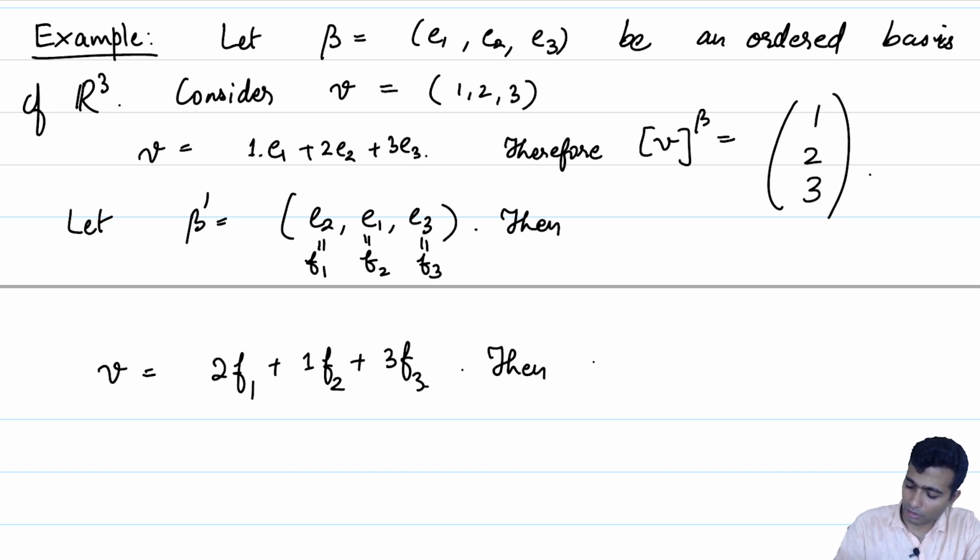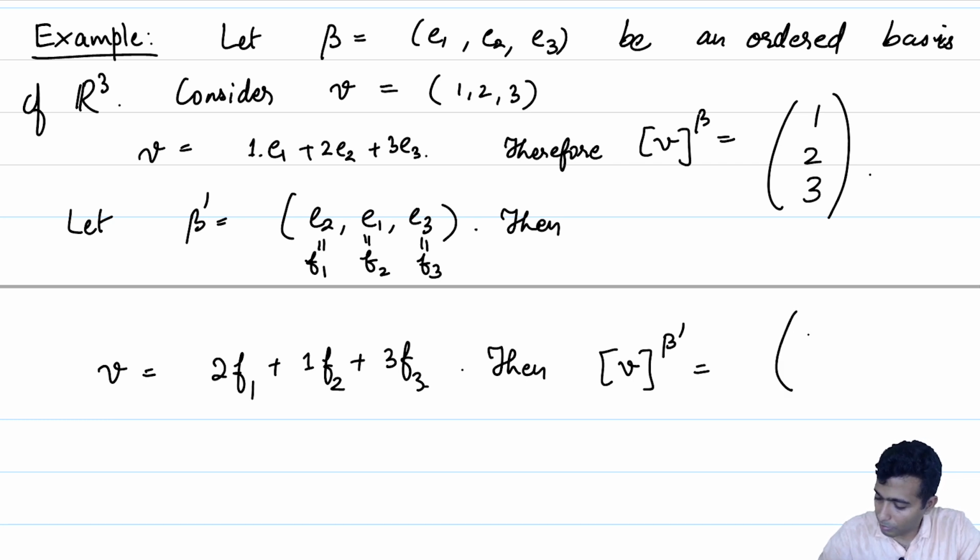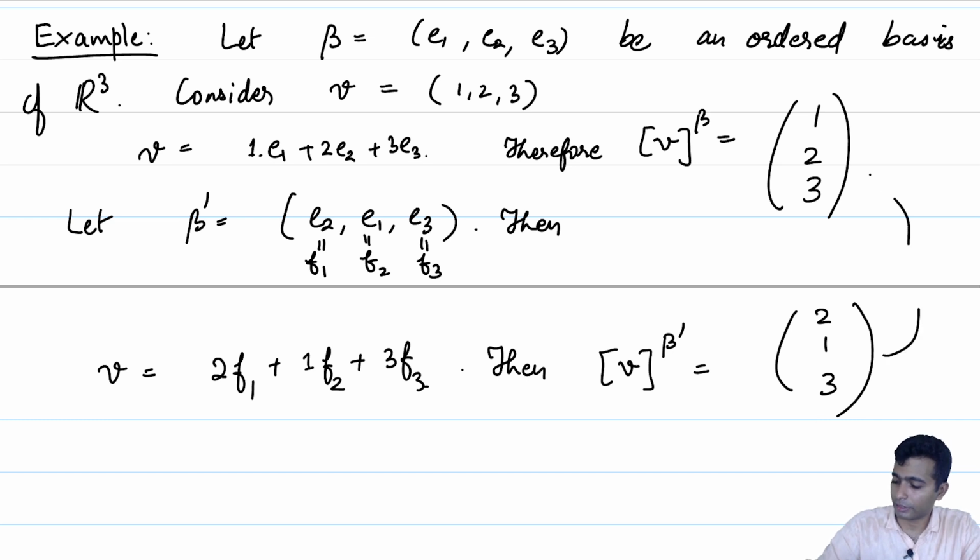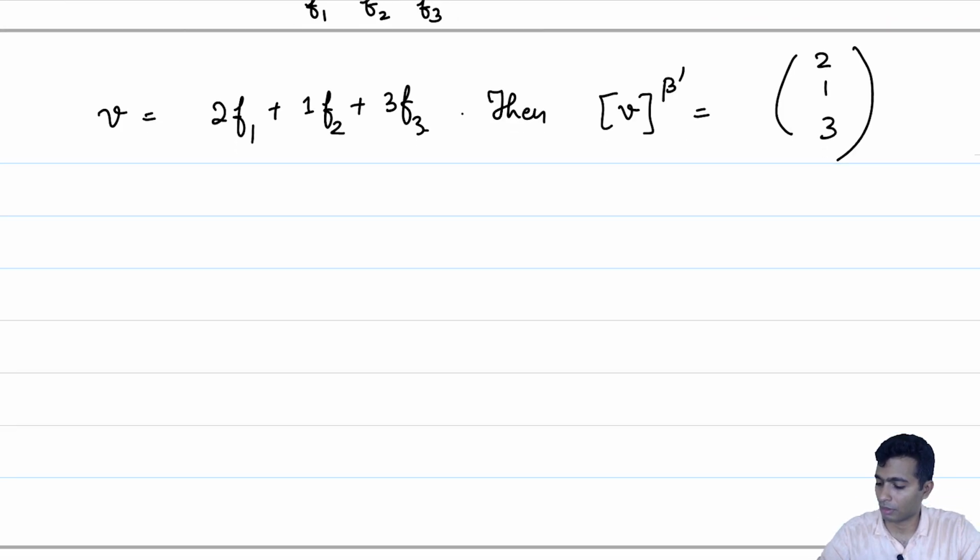Then the coordinate vector of v with respect to beta prime is given by 2, 1, 3. Note that this and this are not the same. So the columns which represent our given vector with respect to the two coordinate bases have changed, and that is the main reason why we are interested in the order.